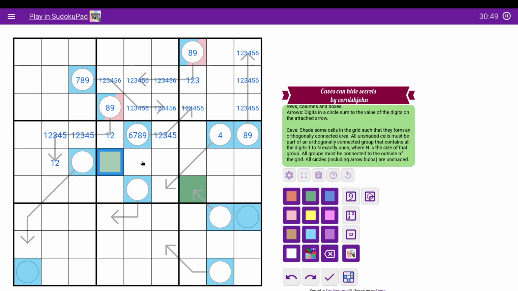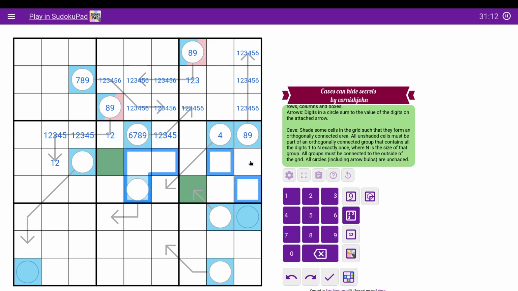If it's here or here, then the other one is shaded. Or if it's here or here, then the Peach cell is shaded. It's not useful. But yes, one of these 3 digits is Peach. One of these 5 digits is Peach. Or 6, I guess.